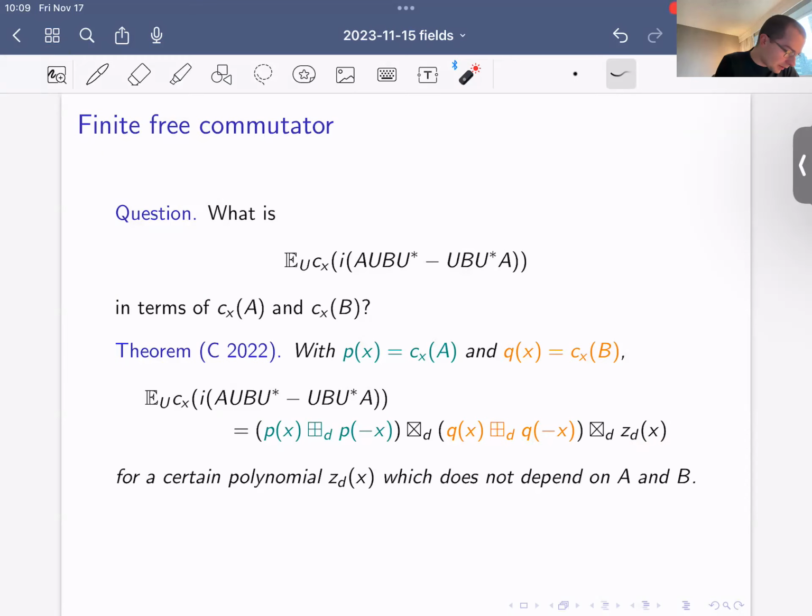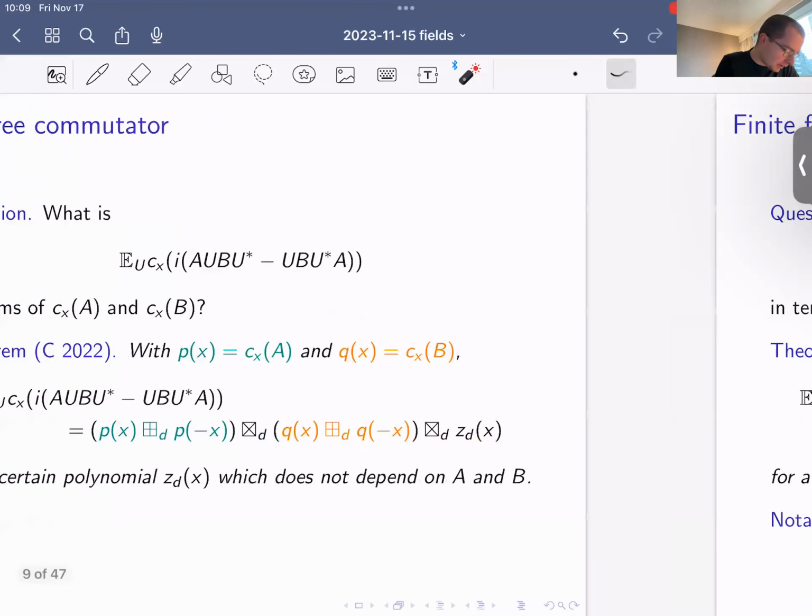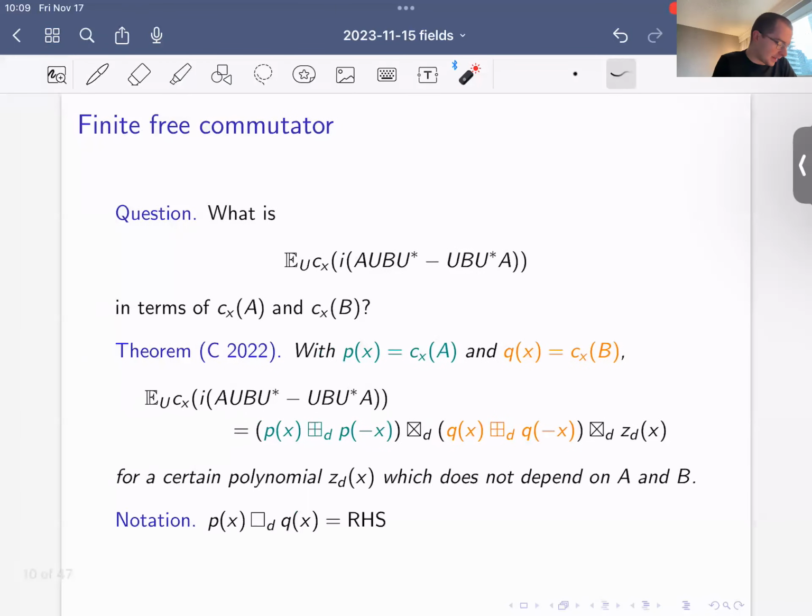Right. And then I'm going to make this notation with a square subscript D for this expression. Again, this is just an algebraic expression involving these polynomials, so I'll use this as shorthand.